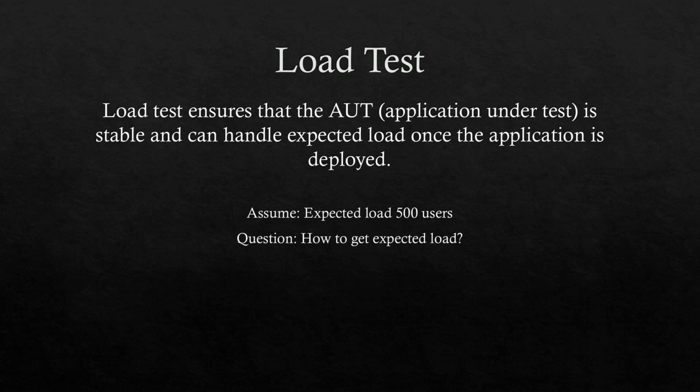From the historical data. For example, if this application is already in production, they will go and get the historical data. For example, this is March ending, let's say it's April. Let's assume they consider the last 3 or 6 months of data.